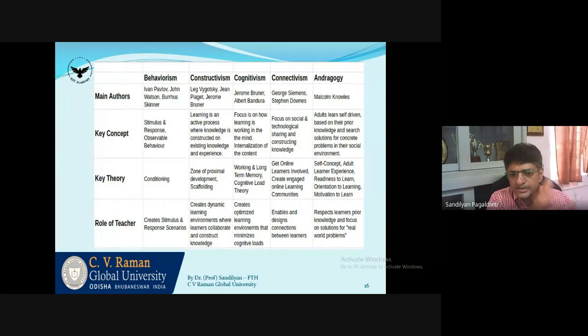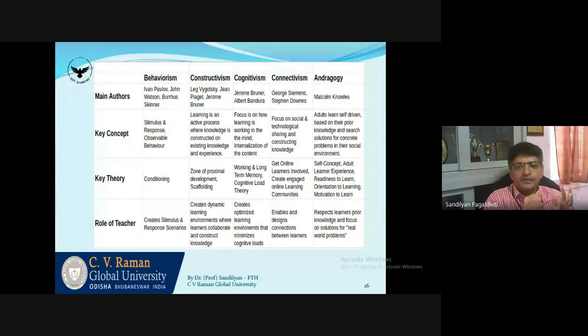That is a change or influencing the observable behavior. The key theory is conditioning. Conditioning means making people behave a particular way, a response to a particular stimulus or a situation. For example, if a teacher in school walks in with a stick, the students would have a sense of fear.